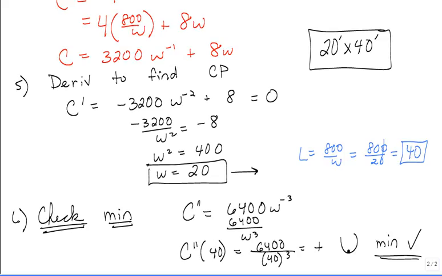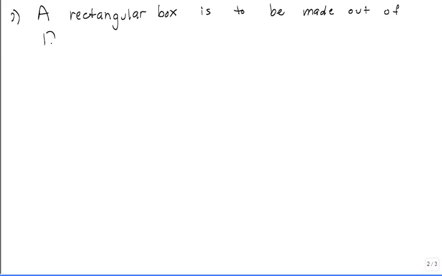Okay, let's do another one. A rectangular box is to be made out of 12 square feet of tin.